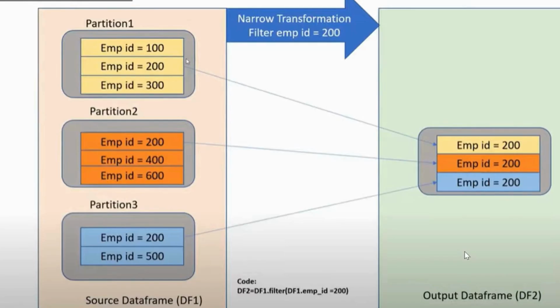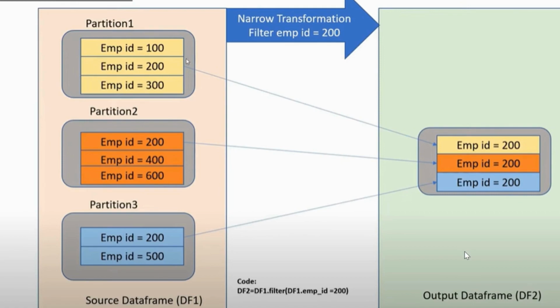Now let's see with an example here. In the narrow transformation, let's say we have 3 executors and each executor is having one partition. Partition 1 is in executor 1, partition 2 is in executor 2, partition 3 is in executor 3. Now, I want to do some transformation. I want to get the employees whose employee ID is 200. So I will go ahead and write that in df1.filter and employee ID is equal to 200.